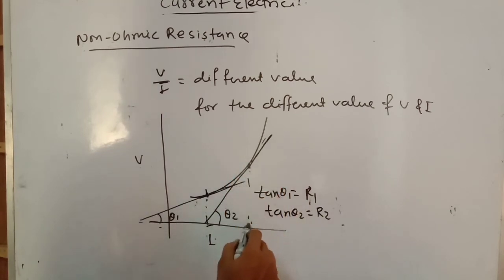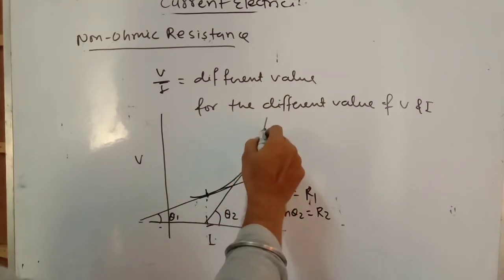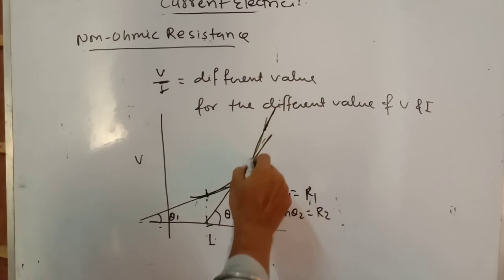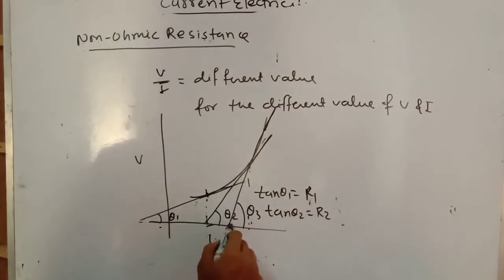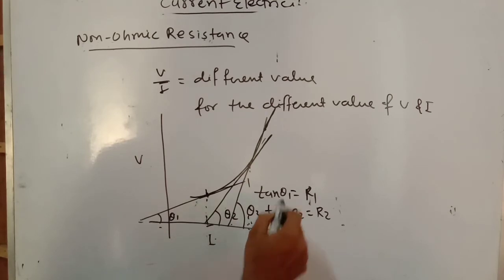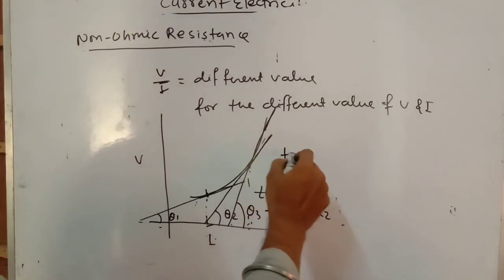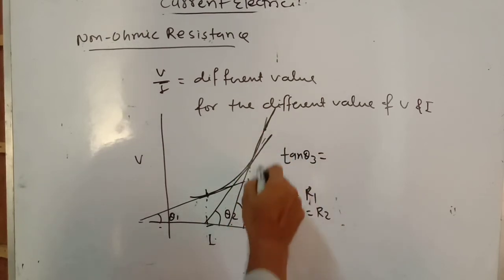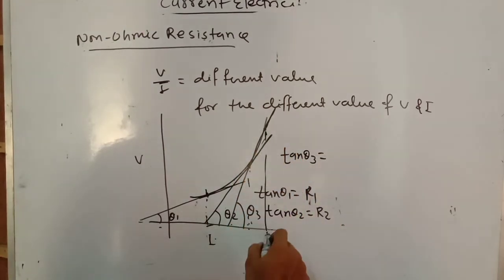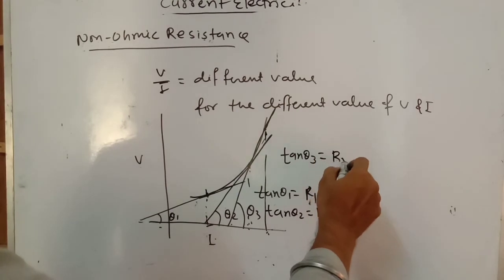That is the resistance at this point. Similarly, at this point draw a tangent, and let theta 3 be the angle it makes with the positive axis. The slope of this tangent, tan theta 3, is the resistance at this particular current.